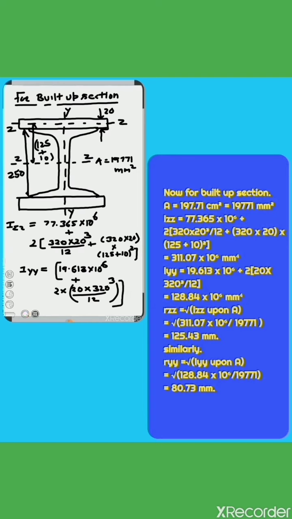Similarly, RYY equals square root of IYY upon A equals square root of 128.84 into 10 to the power of 6 upon 19,771 equals 80.73 millimeters.